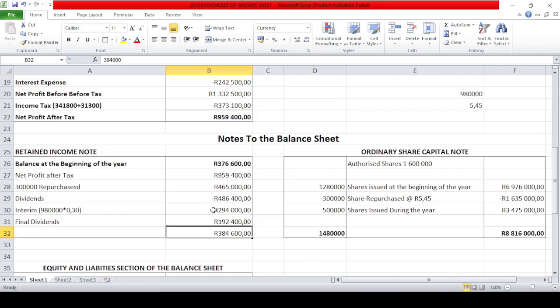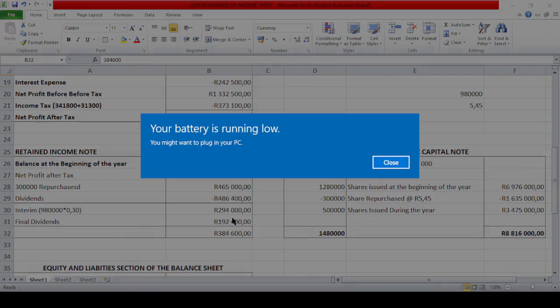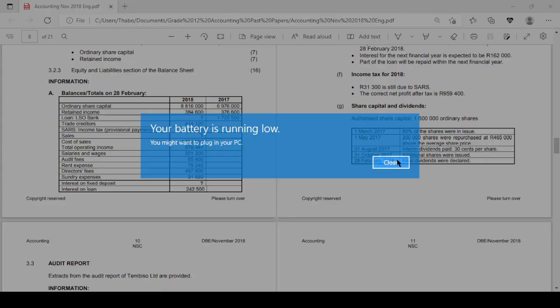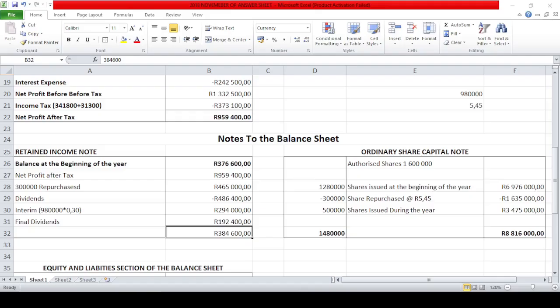So it's 192,400 plus 294,000, which gives us our 486,400 rands. As we all know, this amount is always in brackets and this one is always in brackets. Both these amounts are negative amounts.